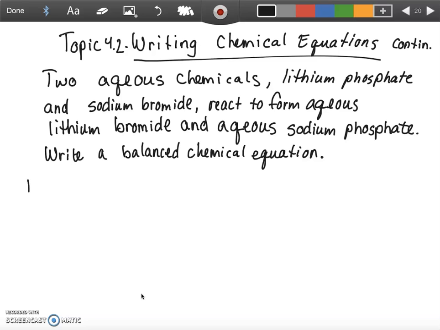So let's do lithium phosphate. Said it was aqueous, is reacting with sodium bromide.